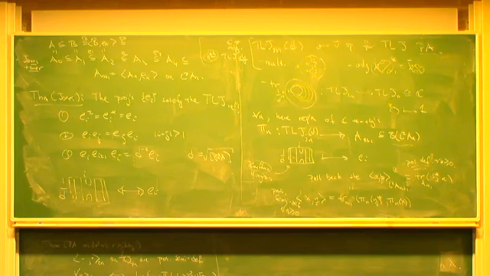To argue why that's the case. And this is a nice connection between higher relative commutants and bimodules. So what's happening here?